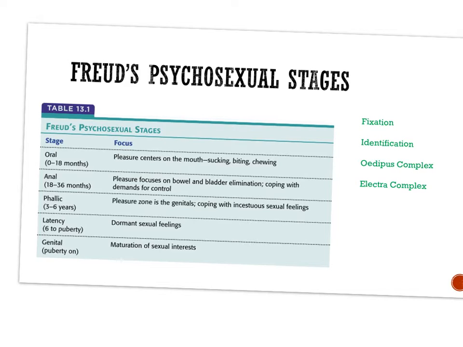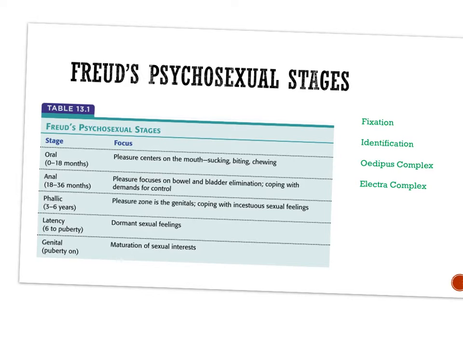And in every stage there's an erogenous zone. So if you're a baby, your erogenous zone is your mouth. You suck, you bite, you chew, everything you pick up goes right in your mouth. And he says that babies seek pleasure from things in their mouth. So he says that they're in this oral stage.